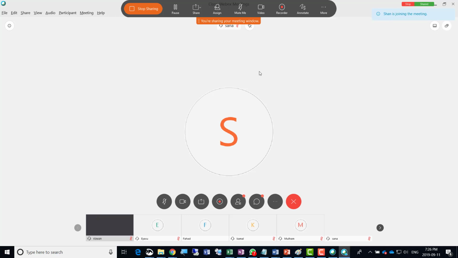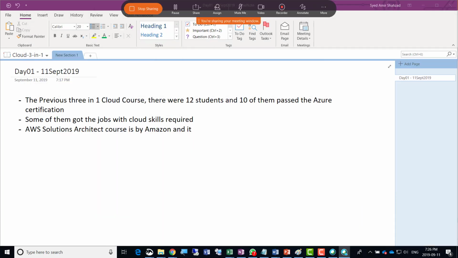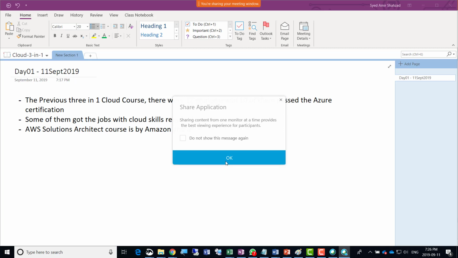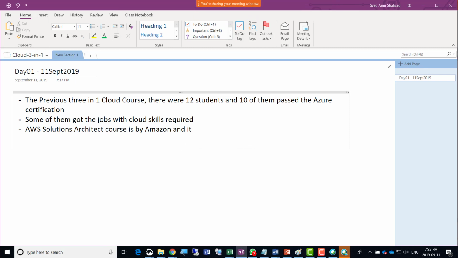Yeah, we got it. So alright guys, while we are connecting now, you're able to see the screen now, right? So sharing content from one monitor at a time provides the best result. Okay. So guys, I hope everyone is able to see the screen. Are we all able to see this screen here? This is Kamal.